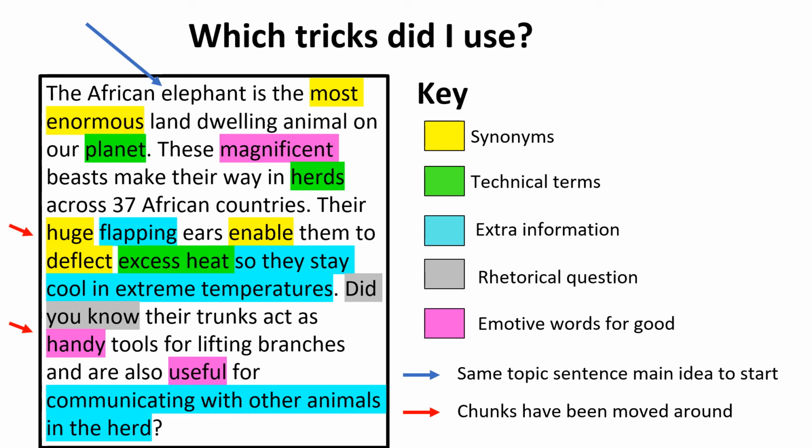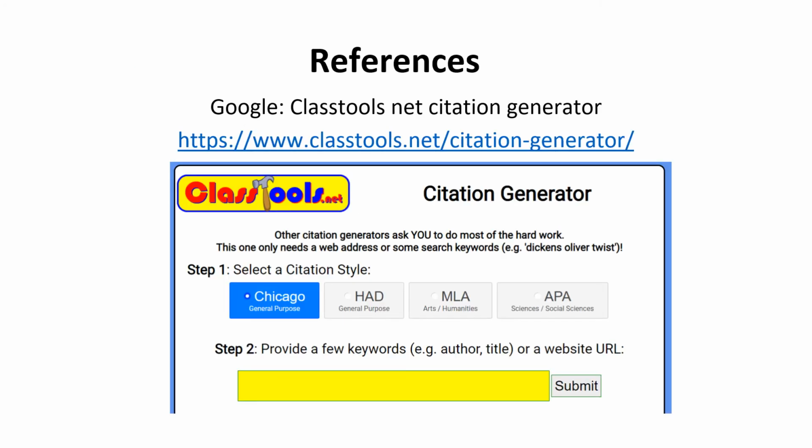If you do all of that, then your work looks really different. But what's important is you might have changed the words around a lot, but you really do have to list every single website that you used, because even if you change the words a lot, it's cheating if you don't say the websites where you found the information.